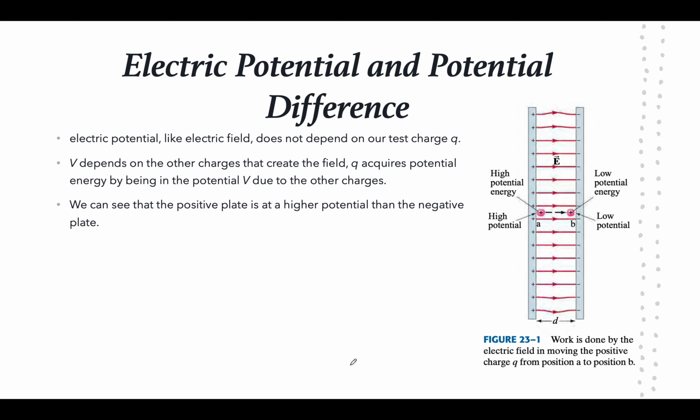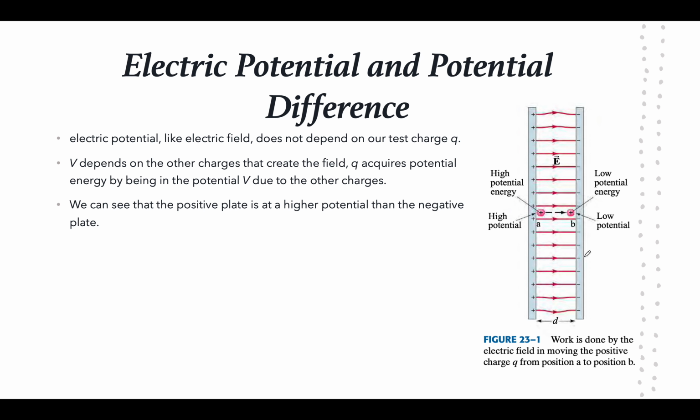So if we revisit this example, we can see that if I place a positive test charge here at point A, there's going to be high potential, and it is going to move from high potential to low potential. If I were to do that with a negative charge, then it'd be the opposite, right?